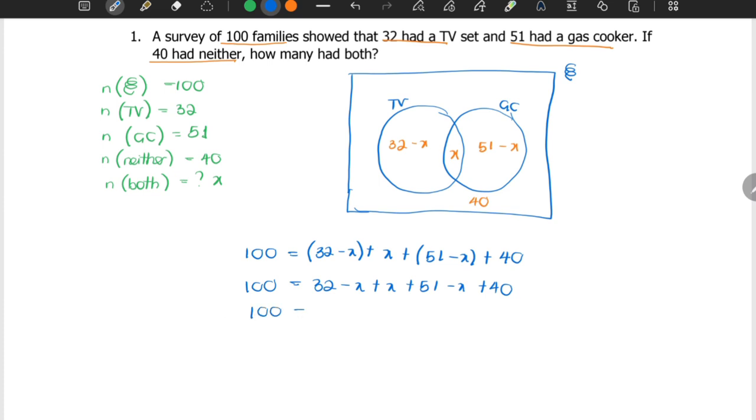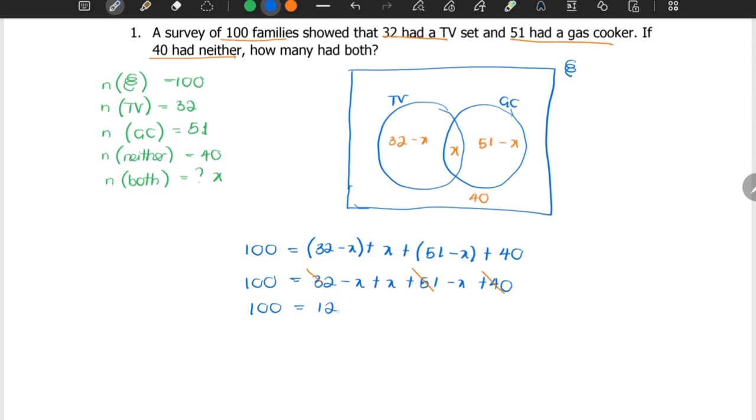So 100 is equal to, and when you compute this, 32 plus 51 plus 40 gives us 123. And then we go with minus X plus X, that's 0.